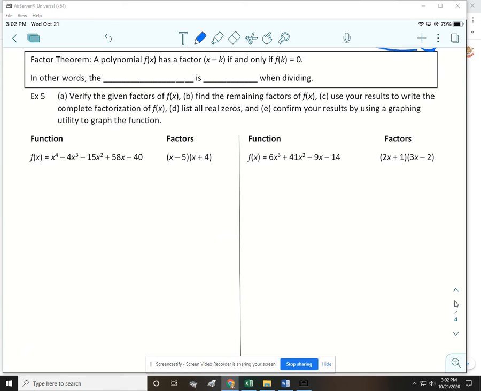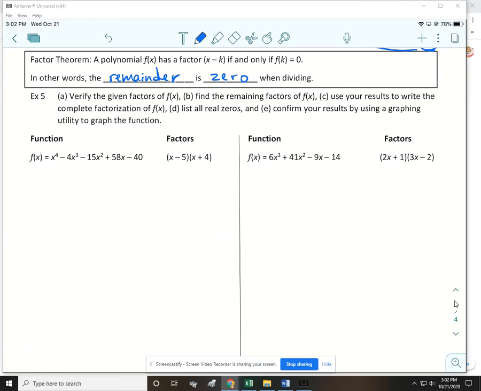So in other words, you are going to do synthetic division or just regular long division, and x minus k is a factor if you do the division and you get a remainder of 0. And that makes sense. When you divide something by a factor of it, there is no remainder. It divides evenly.